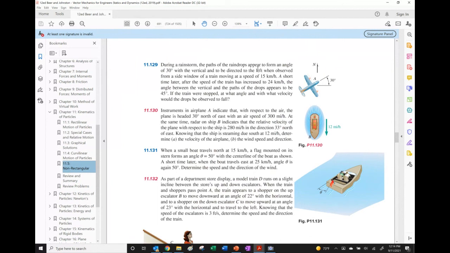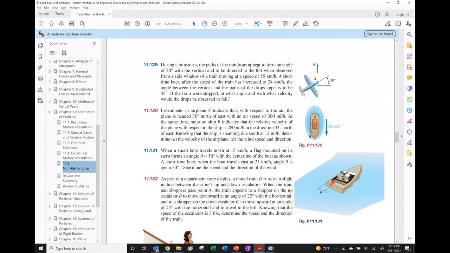So V1 is 15 kilometers per hour, right? And a short time later, after the speed of the train has increased, V2 is going to be 24 kilometers per hour. The angle between the vertical and the path appears to be 45.